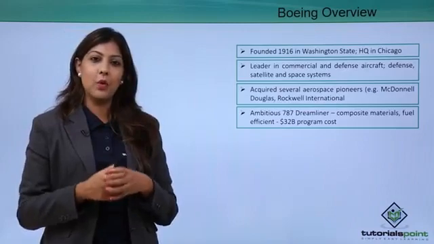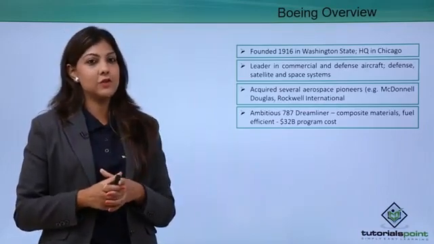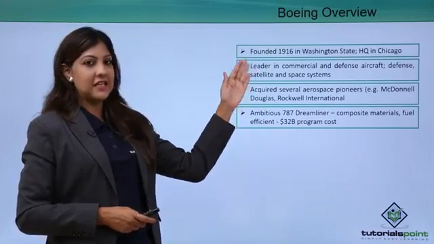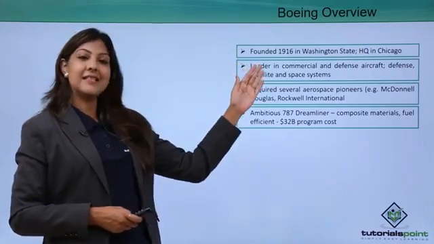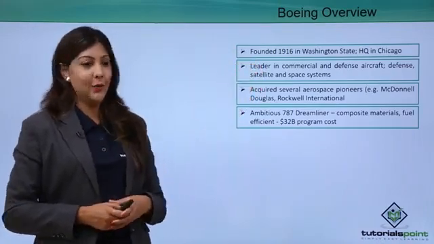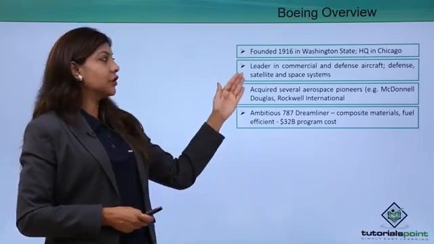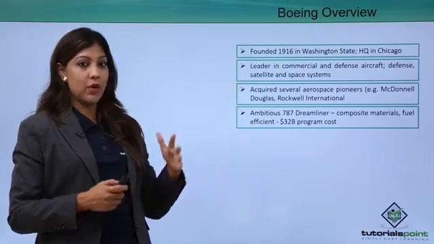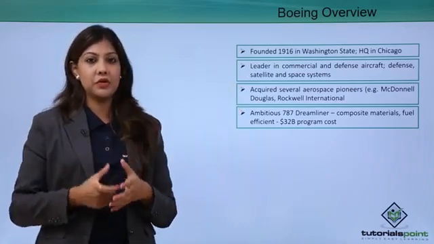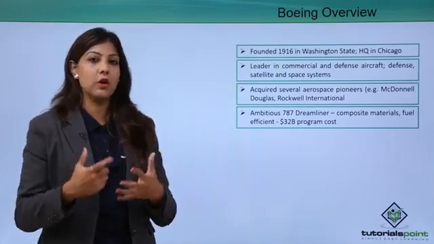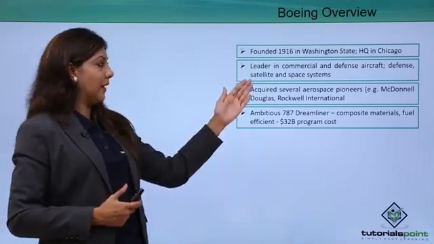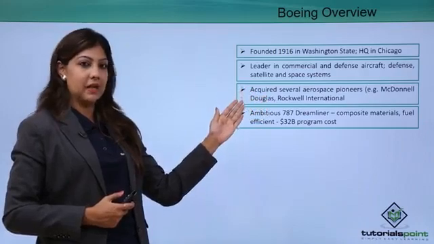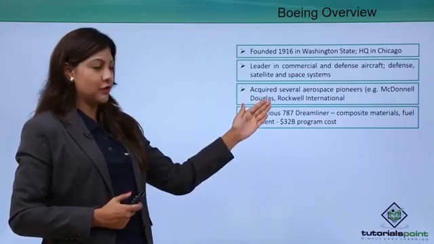Taking a look at the Boeing. So the Boeing aircrafts also have specific requirements. It was founded in 1916 in Washington, D.C. and it has its headquarters in Chicago. Well, it is a leader in commercial and defense aircraft, defense satellites as well as space systems. So Boeing is not only about commercial airlines, but it has also gone into aerospace. It acquired several aerospace pioneers, for example McDonnell Douglas and Rockwell International.